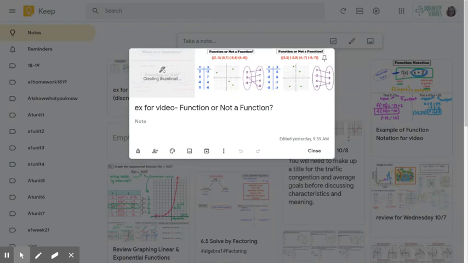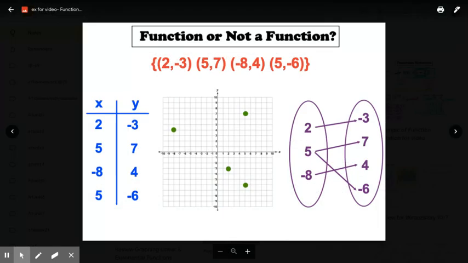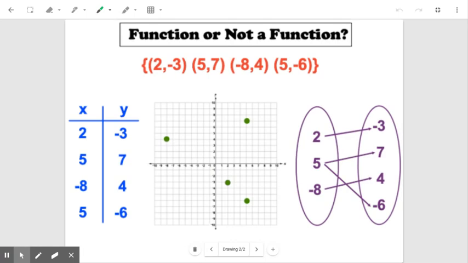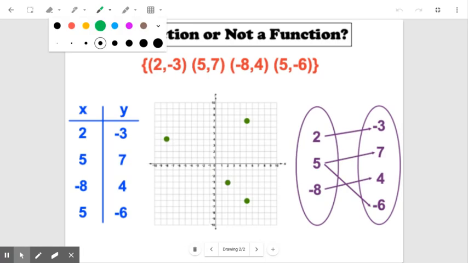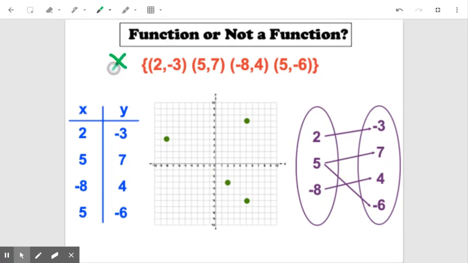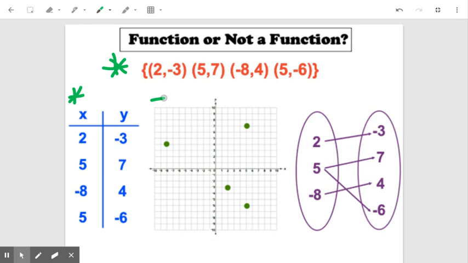On this first example, what I did is I took the same relation, this relation right up here, and I wrote it all four ways: ordered pairs, the table, the graph, and the mapping. If you notice, all of those representations have a 2, -3 in them.